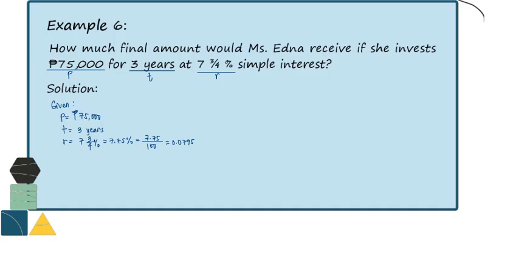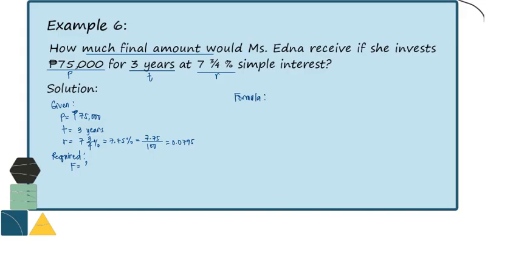And then for the required, per the problem, you are finding the final amount. So basically, our final amount is F, or the future or maturity value. And again, what formula could you use to calculate the value we are looking for in the problem?